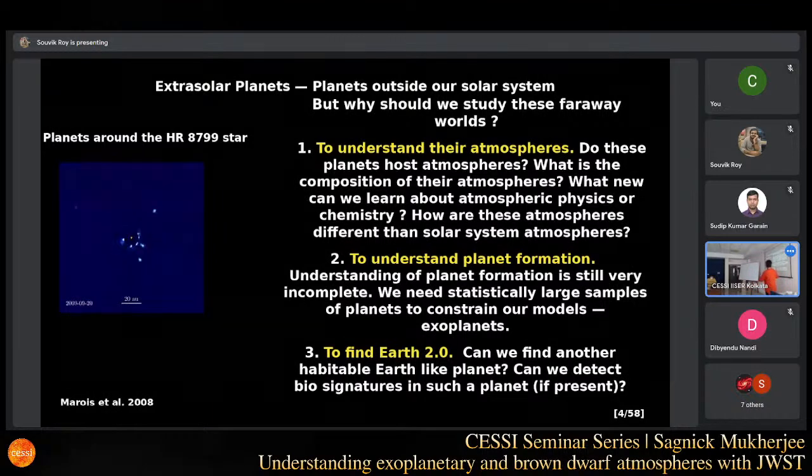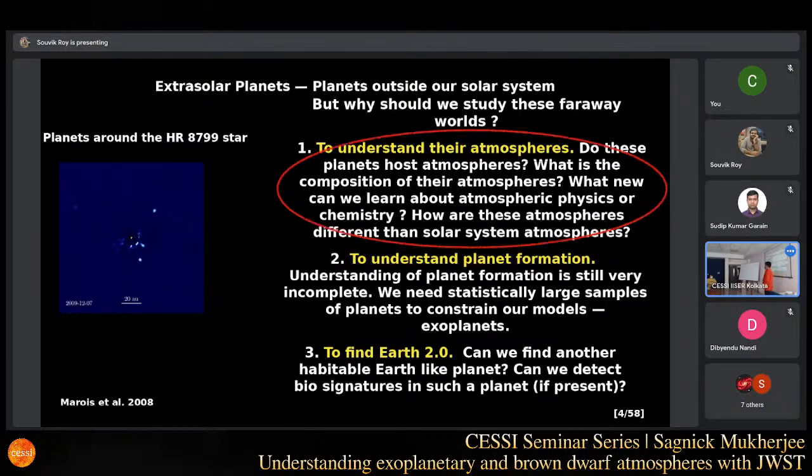So these 3 goals, I think, are intriguing and compelling enough to tell you why you should be excited about this field, which is just 20 to 30 years old. It's a new field. What I'm going to talk to you about today is the first goal, to understand their atmospheres. My entire work is trying to understand the atmospheres of exoplanets.